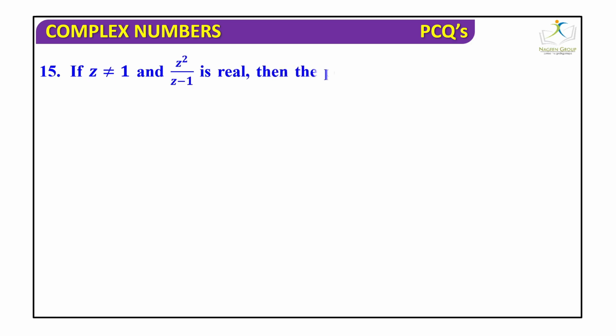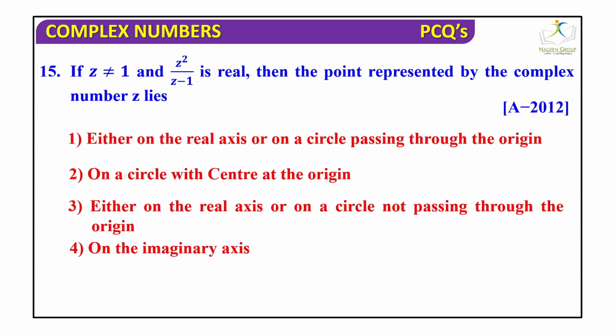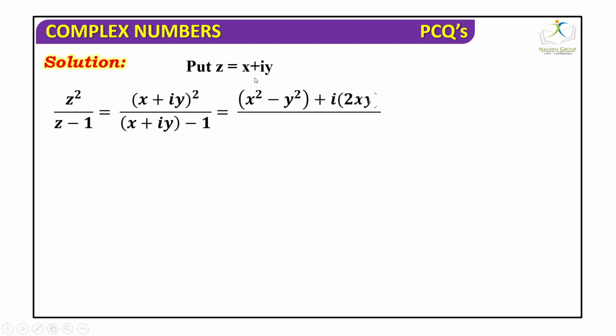Here we have question number 5. If z is not equal to 1 and z square by z minus 1 is a real value, then the point represented by the complex number z lies. These are the options. So first of all we take the value z equal to x plus iota y. Now z square will be x plus iota y whole square, and here this, right?